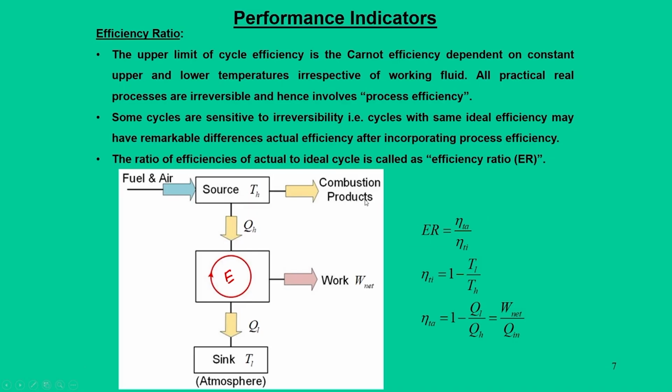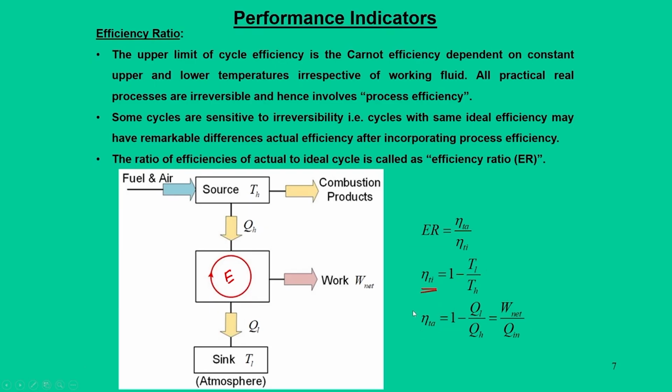So, what we are trying to look at is that there are two efficiencies coming up. One is the Carnot efficiency, the other is the actual engine's efficiency. When I write the Carnot efficiency, which is eta th, the thermal efficiency for a Carnot engine, that is 1 minus TL by TH.